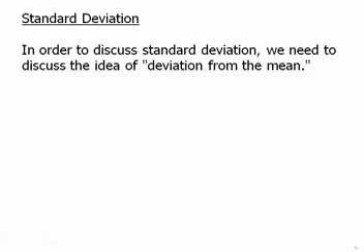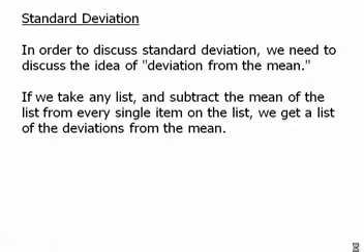In order to discuss what standard deviation is, we need to discuss the idea of a deviation from the mean. If we take any list and subtract the mean from every number on the list, we get a new list, and this new list is the list of deviations from the mean. So for example, here's a very simple list.